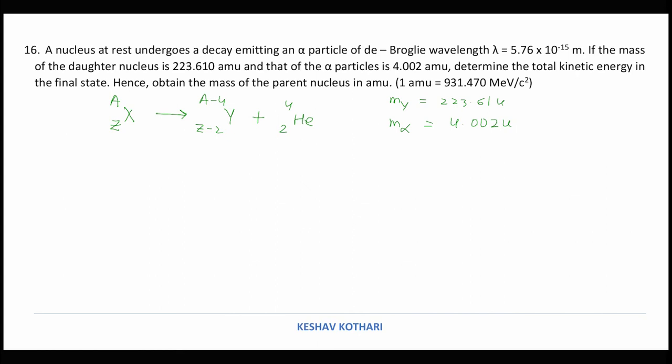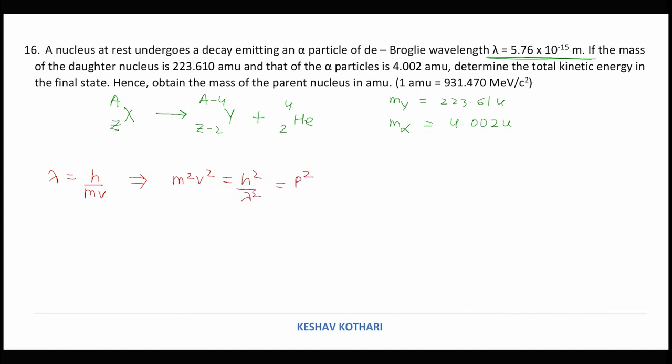Now we are dealing with the next aspect. It is saying that when it is decaying, an alpha particle with a de Broglie wavelength of 5.76 into 10 to the power minus 15 meter is produced. So from the formula of de Broglie wavelength, I am writing lambda is equal to h by p, where p is mv, and from here we can write m square v square as h square by lambda square, which we call p square.